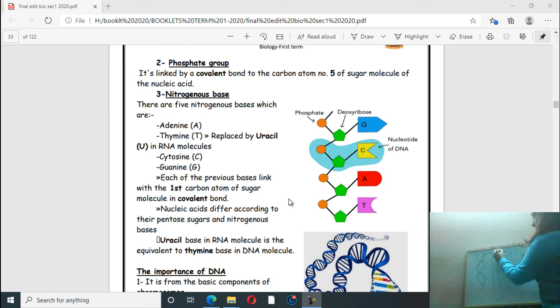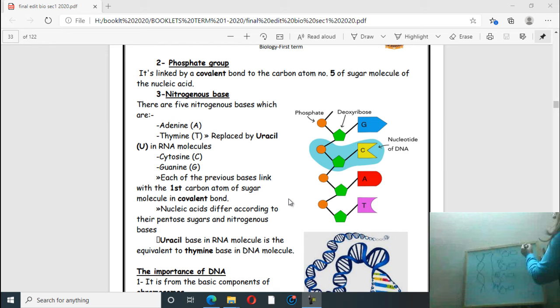On the other side, the other strand of DNA, here is the nitrogenous base and the phosphate group. Here is the nitrogenous base and phosphate group. Here is the nitrogenous base and the phosphate group, and so on.